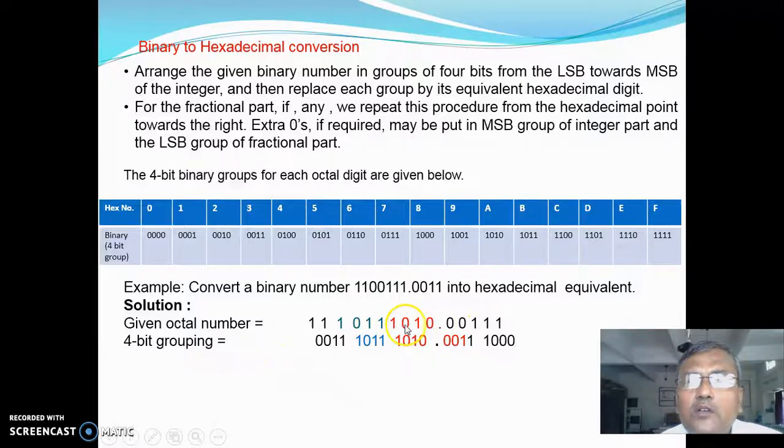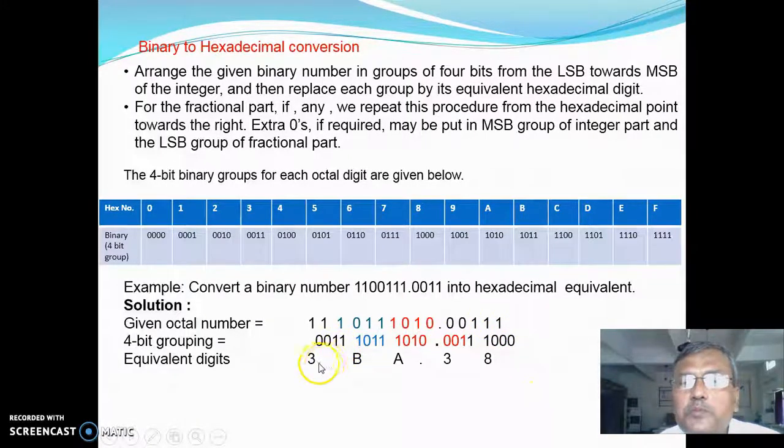Then form the groups of 4 bits starting from this point here, that is 1010, then 1011, then 11, then we can put 2 zeros here, so it doesn't change the number. Similarly from this point here, that is 0011, then a single 1 is remaining, we put 3 zeros here.